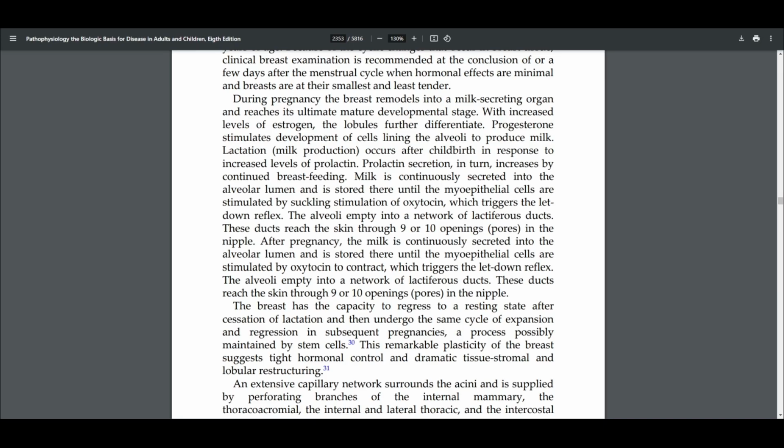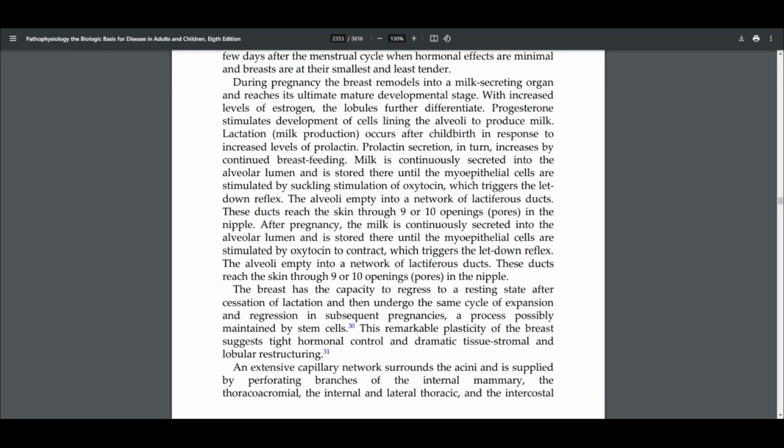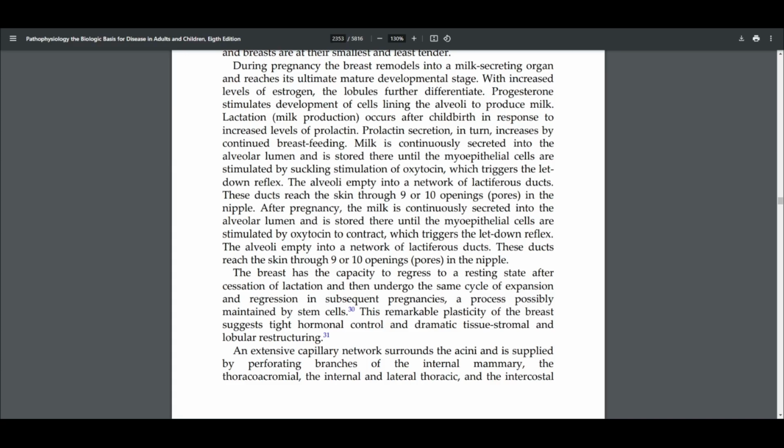Milk is continuously secreted into the alveolar lumen and is stored there until the myoepithelial cells are stimulated by suckling stimulation of oxytocin, which triggers the letdown reflex. The alveoli empty into a network of lactiferous ducts. These ducts reach the skin through 9 to 10 openings in the nipple.